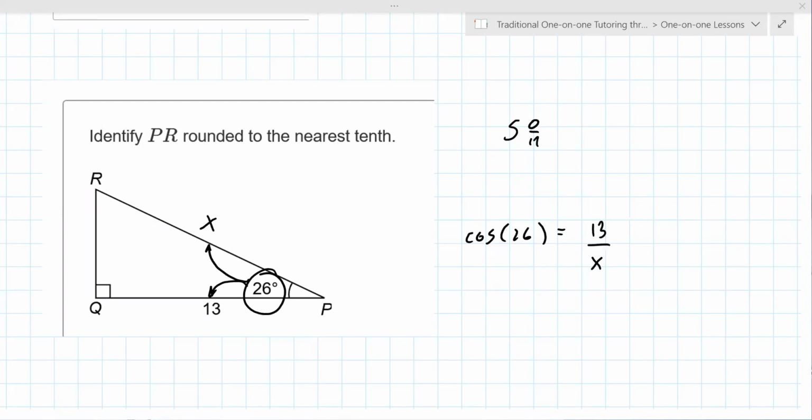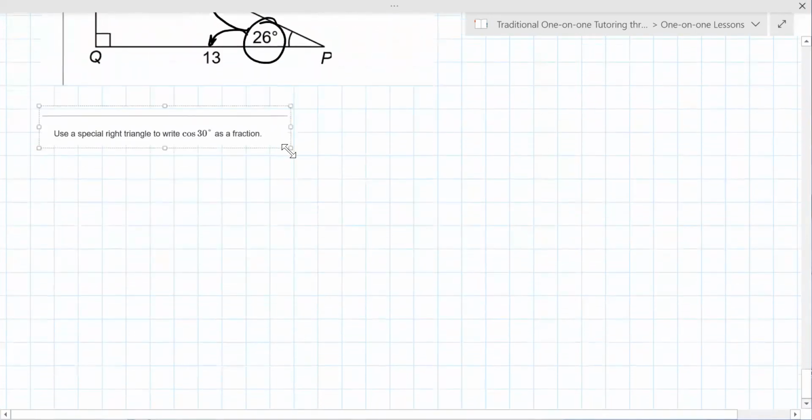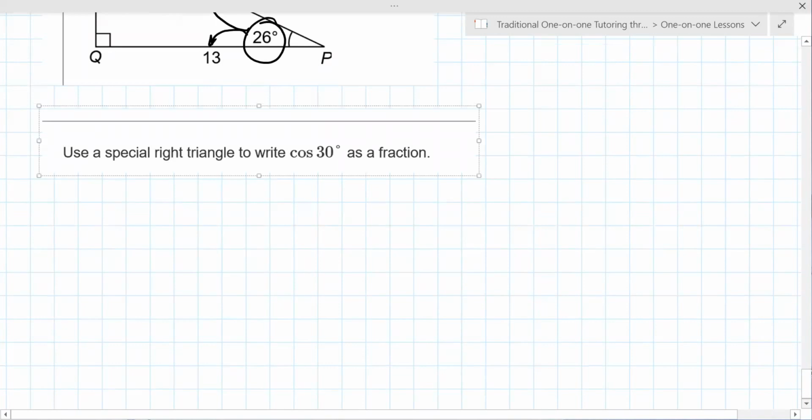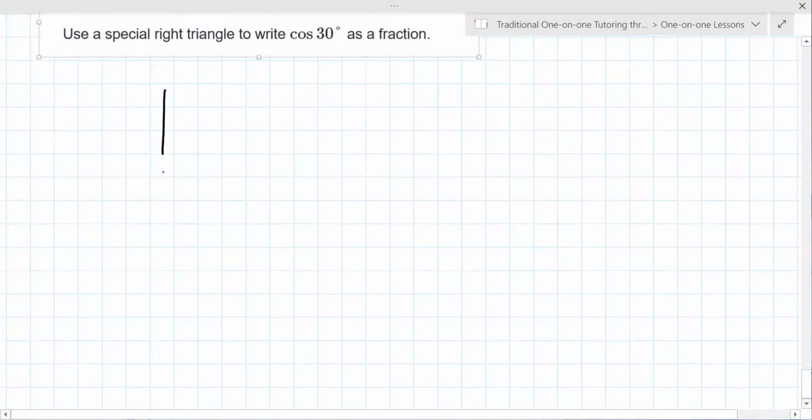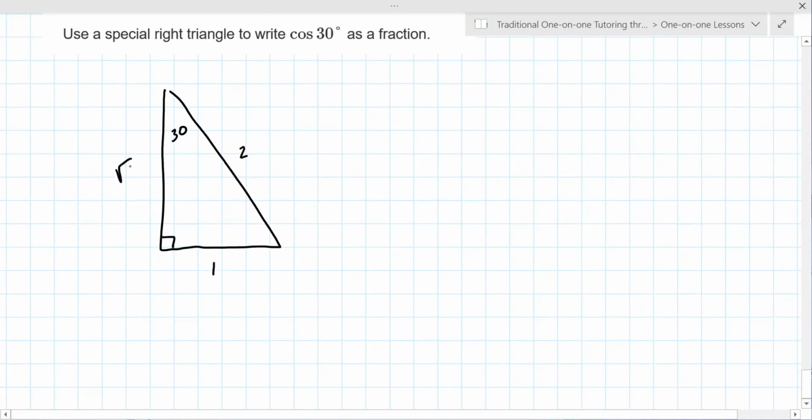All right, the next problem we'll look at is actually a special right triangle. So here it is. This is 30, this is 1, this is 2, this is square root of 3. Can you write cosine of 30 as a fraction for me?